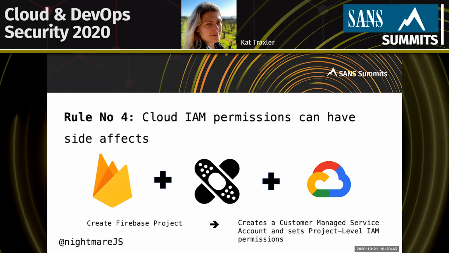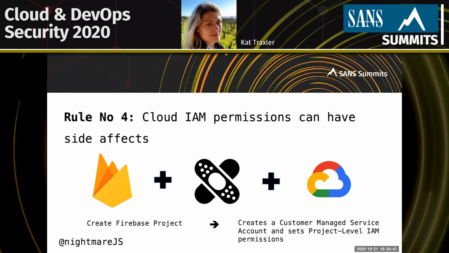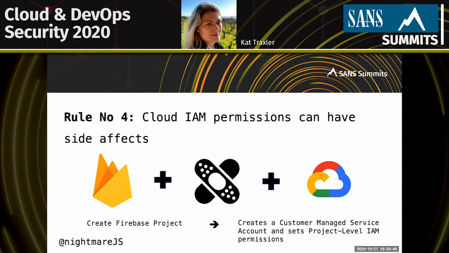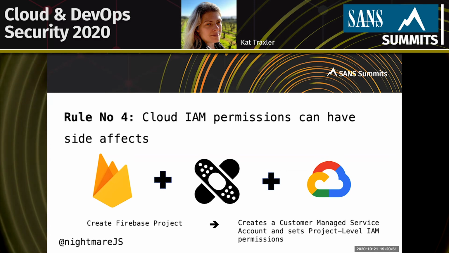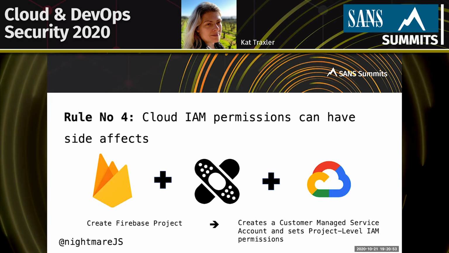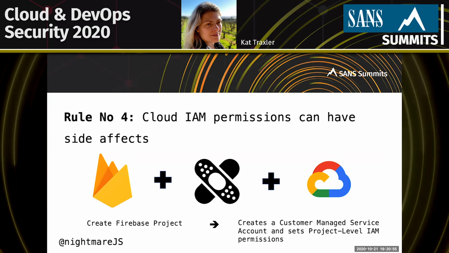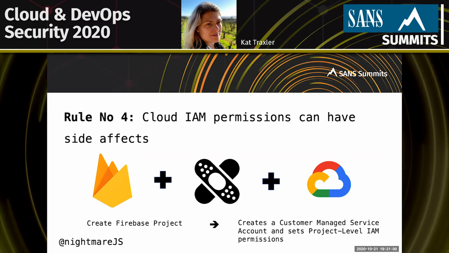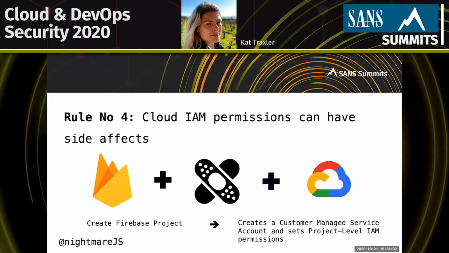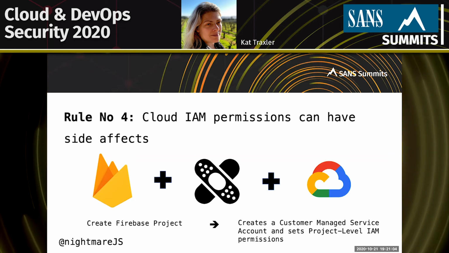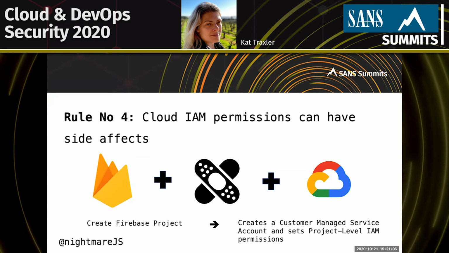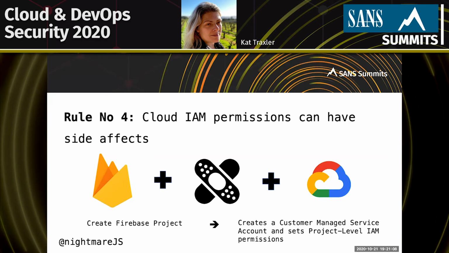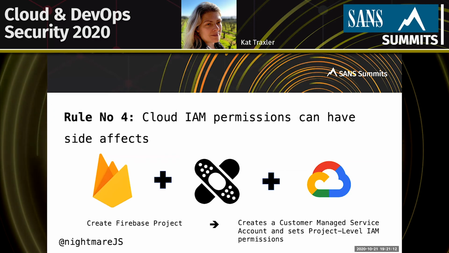Okay, so when a user creates a Firebase project, some really curious things happen in the background. It turns out that a service account is created, and a fairly privileged one at that. That service account is assigned the service account token creator role in the associated GCP project, allowing for project-wide impersonation.